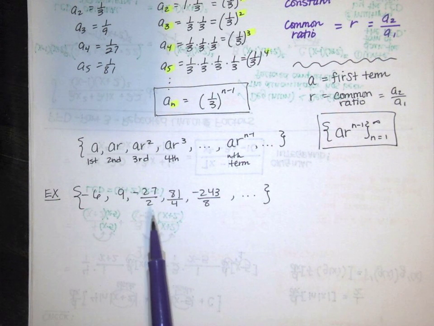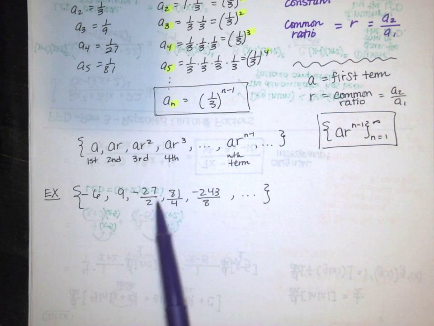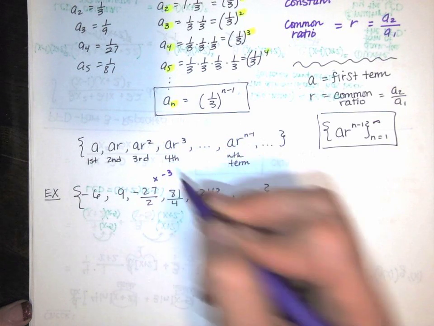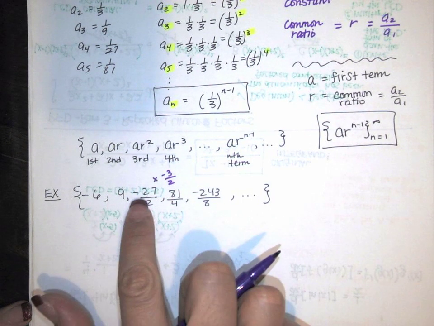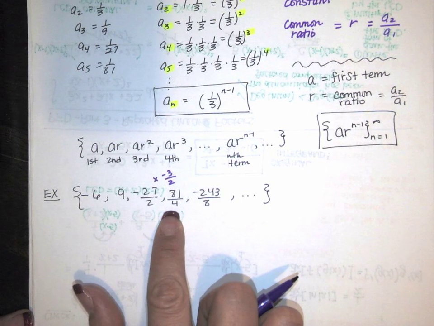It's probably easiest to see what's happening with the fractions. If I'm taking this 27/2 and I'm getting this, like how do I get from there to there? I think I multiply by another -3 in the numerator and another 2 in the denominator. So that times -3/2 gave me that.